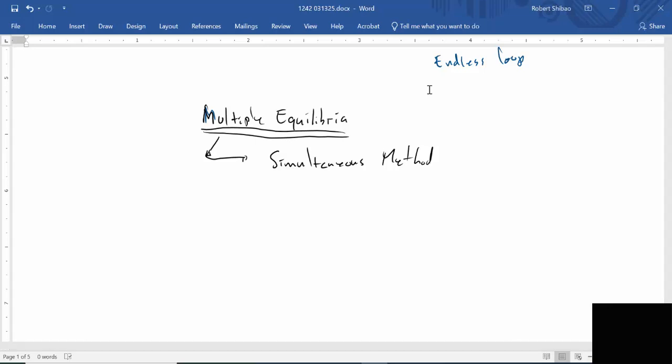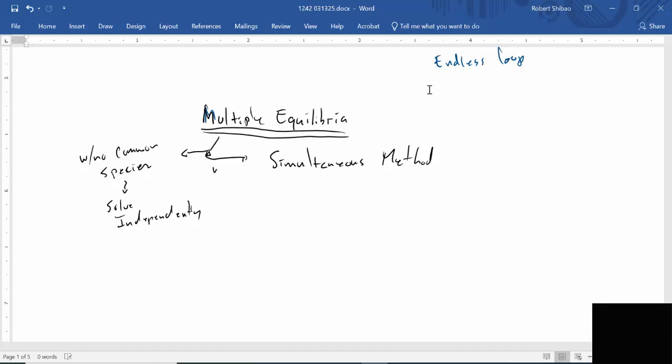Here, we have multiple equilibria with no common species. If the multiple equilibria have no common species, and they're in the same container, then we can solve them independently. And so we just treat each equilibrium as a separate problem.